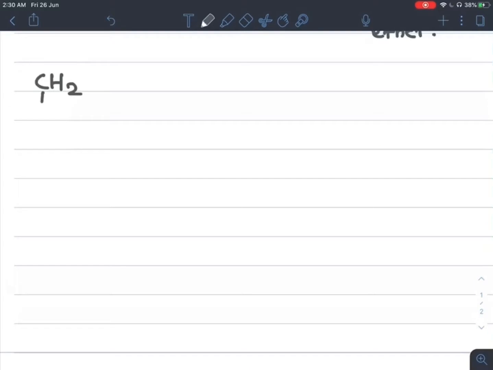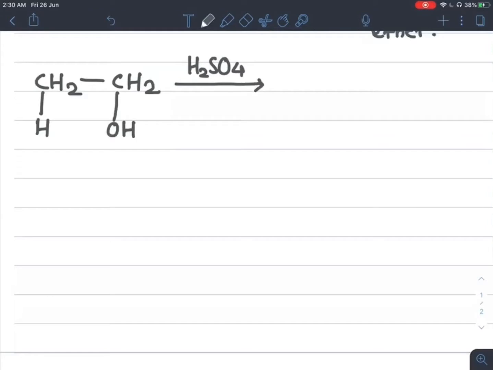I can write H here to show the removal of a water molecule, and OH again I can write here. Now this ethyl alcohol is treated with concentrated sulfuric acid at 443 Kelvin temperature, then what happens?